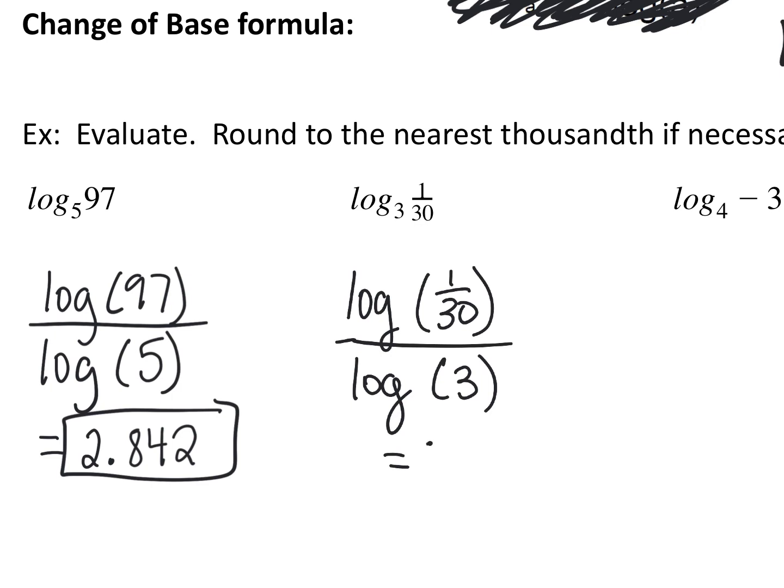Anybody want to help me out? 3.095. Raise your hand if you agree with that. 3.096, yeah, if we round up. Okay. Do we agree with that? Anybody get anything different?